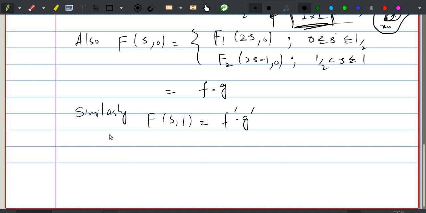This further implies that, f being continuous, it serves as a homotopy between these two maps.